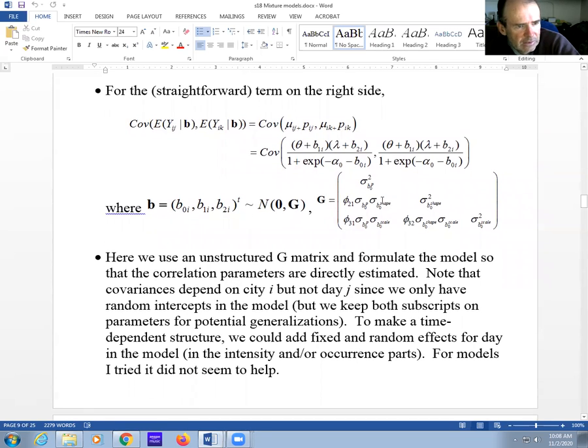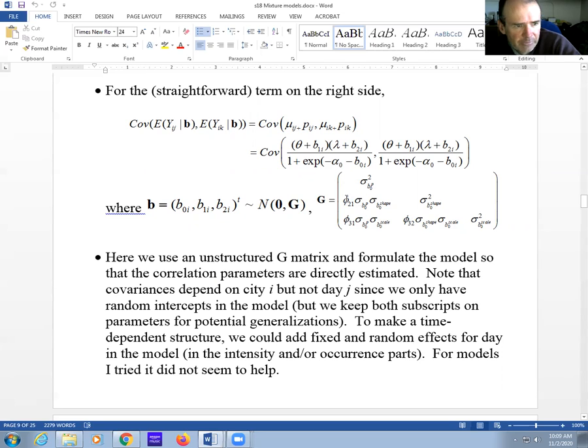The G, this is the unstructured matrix that I'm using. The way that I parameterized it is actually to include correlation amounts here. Instead of the covariance structure we've often seen, where off-diagonals might be sigma 0,1, sigma 0,2, the way I've written it has the same number of parameters, but allows us to directly report estimates for the correlation between the terms.